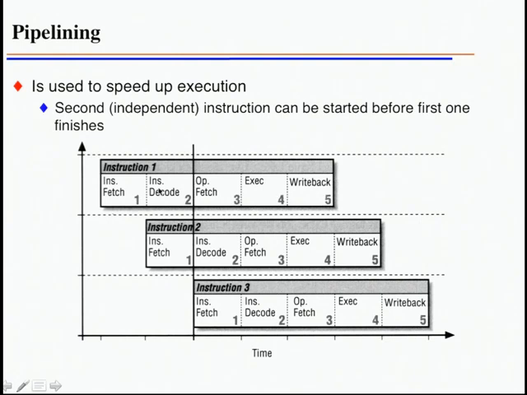And so if this runs nicely, you can produce the result of one instruction every cycle. So to the outside, it looks like the CPU only needed one cycle to execute one instruction. Because if you look at the output, you will write back instruction 1 here, and then in the next cycle instruction 2, and instruction 3 in the third cycle.